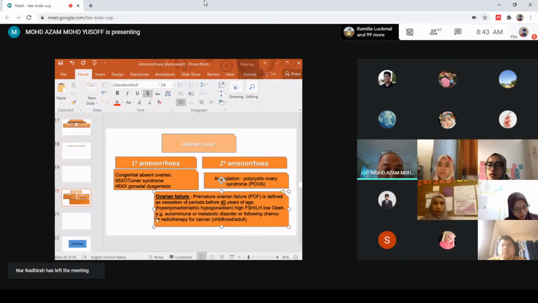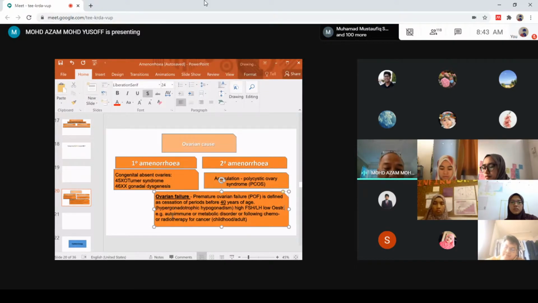All right, the causes of ovarian failure. Premature ovarian failure is autoimmune, sometimes a metabolic disorder. In childhood, sometimes it is because of chemotherapy; the patient has cancer, so she had chemotherapy. Chemotherapy can cause ovarian failure. Radiotherapy also can cause ovarian failure, and they destroy the ovary.